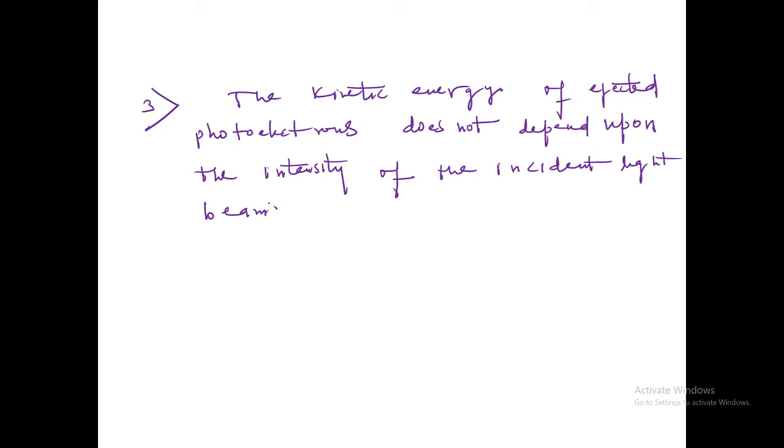Correspondingly, there must be a time lag between the incidence of the light beam and ejection of the photoelectrons. Secondly, no matter what the frequency of the incident light is, if its intensity is high, electrons must be emitted from metals, because in that case energy will be transferred at a higher rate.